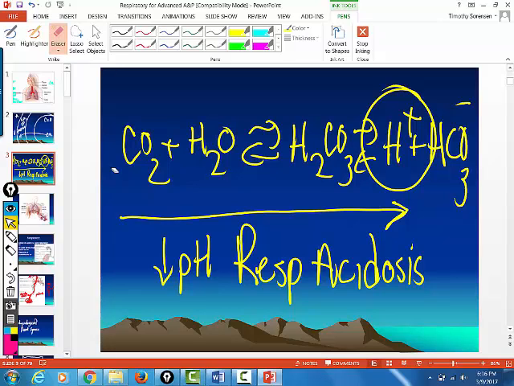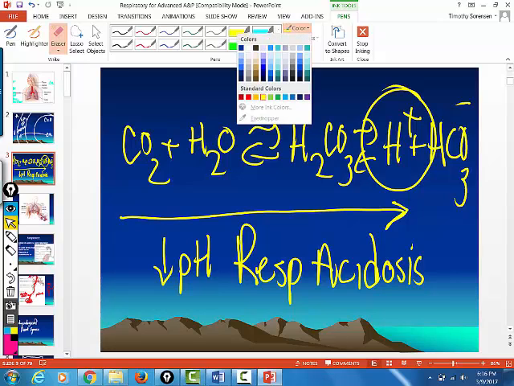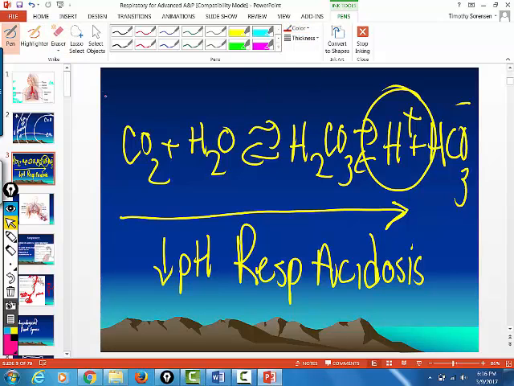Now watch. When people get anxious, they will start breathing faster than normal. Now, the normal stimulus for breathing is indirectly the buildup of carbon dioxide, yes? But if you are breathing faster and deeper and you're not producing any more carbon dioxide, what's going to happen to the amount of carbon dioxide in your blood?